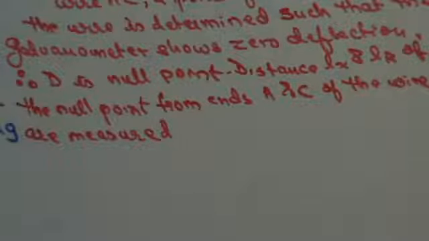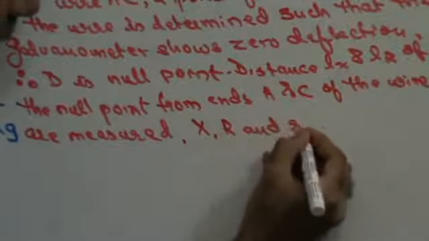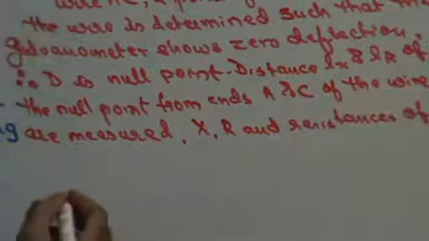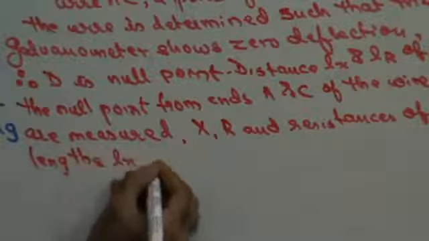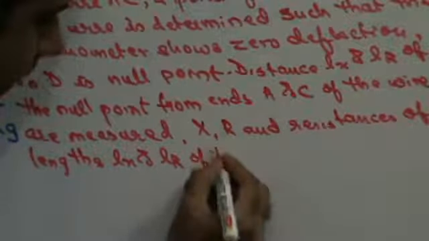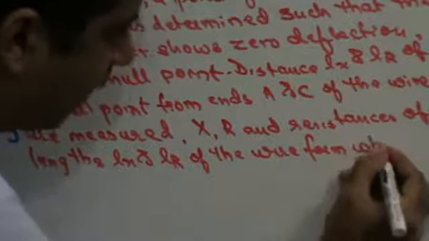I can say that x, r and the resistances of lengths Lx and Lr of the wire form the Wheatstone network.